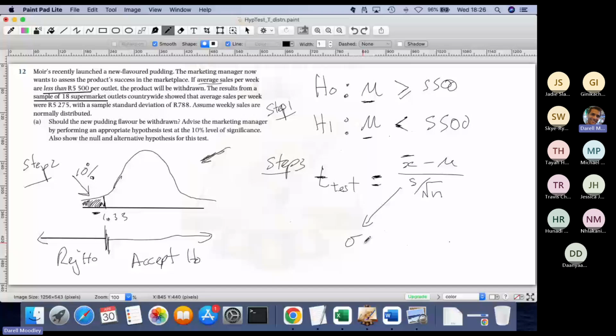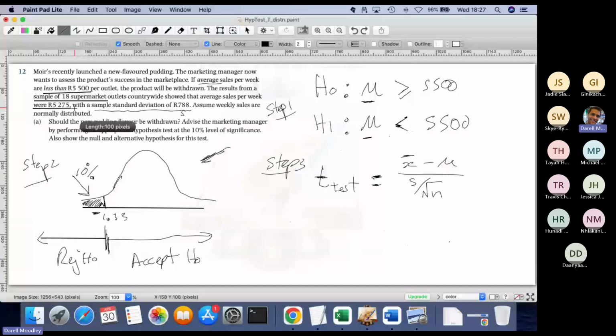If you read the text for this question, there's only one standard deviation given, and that is 788. It tells you a sample standard deviation of 788. So that is your S. Your X bar is the sample mean. You've taken a sample of 18 supermarkets, and out of those 18, you found the average to be 5,275.